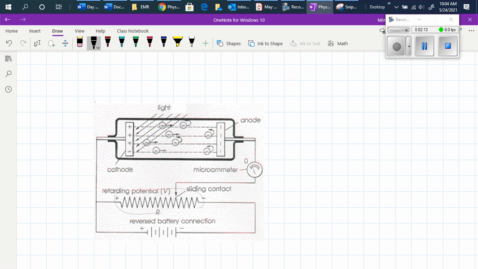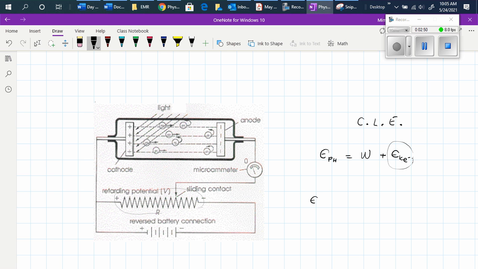The electric potential established would have the same kinetic energy that the electrons have, because remember that Einstein's explanation of the photoelectric effect is based on the conservation of energy: the energy of the photon is equal to the work function plus the kinetic energy of the electron. This is what makes the electron move from one plate to the other.